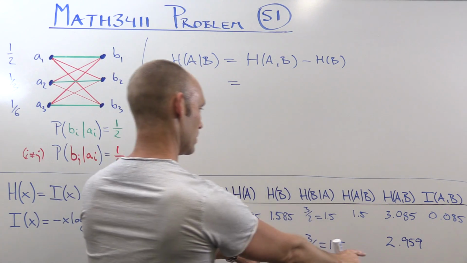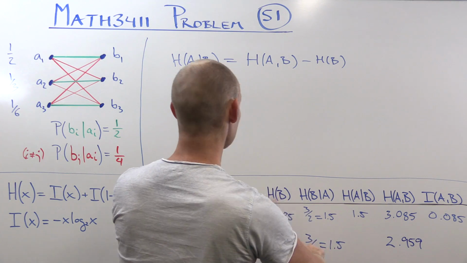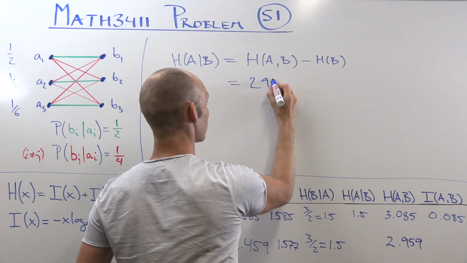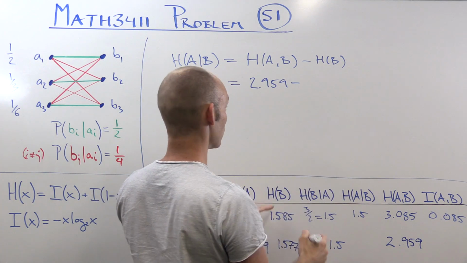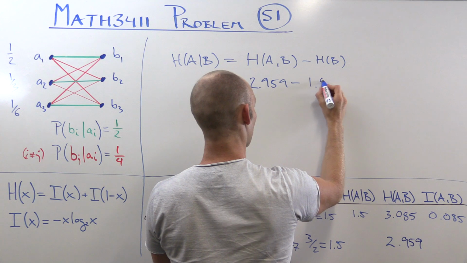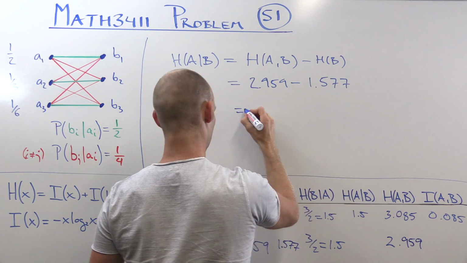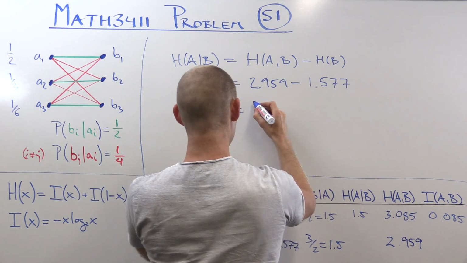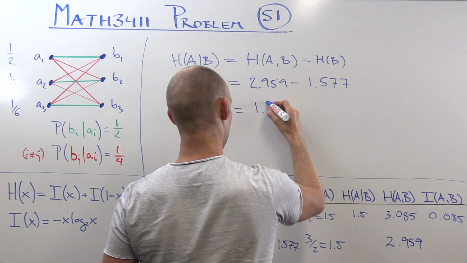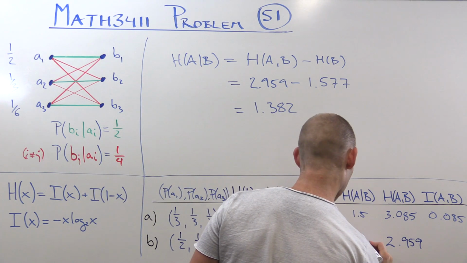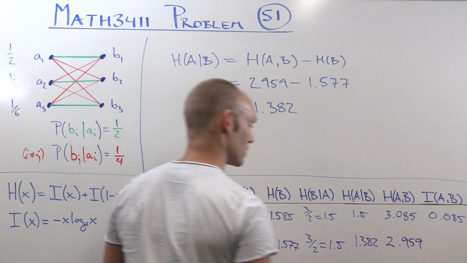And that's, where was it? The joint entropy was 2.959, and the entropy of B was 1.577. So that gives us 1.382. So let's write that down, 1.382.